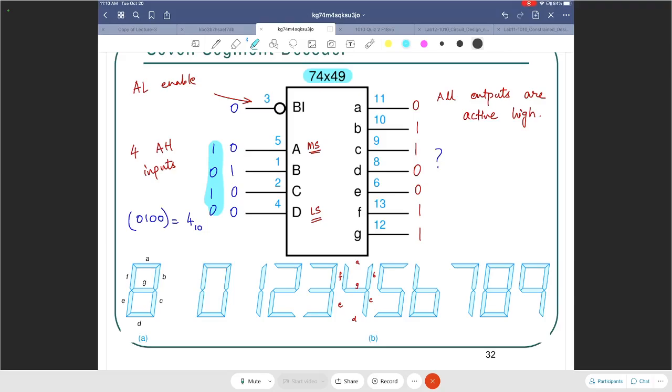So this is just a 7-segment decoder. These are the outputs. That's it. There's no other output. It shuts off. Not really. All are disabled. So it's a don't care situation.